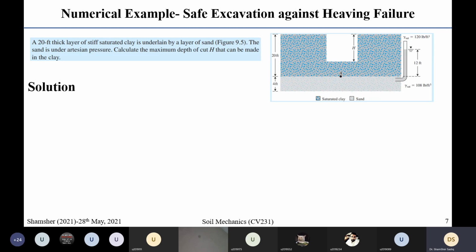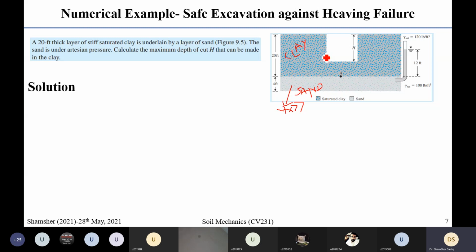Now suppose you have a condition where there is a clay, and below the clay you have a very permeable ground, a ground which has a very high permeability value. So that can be sand or gravel.